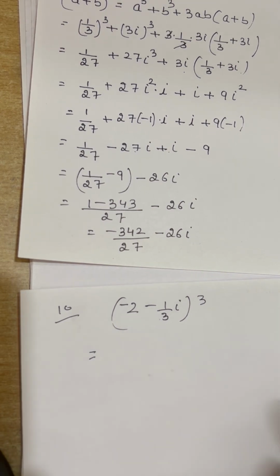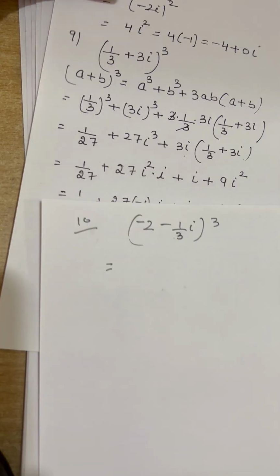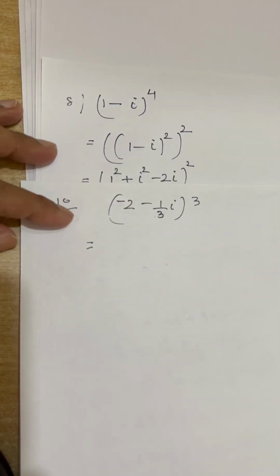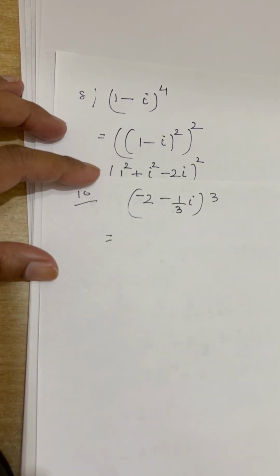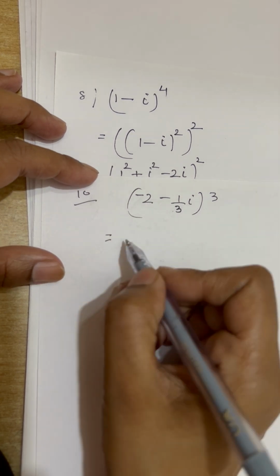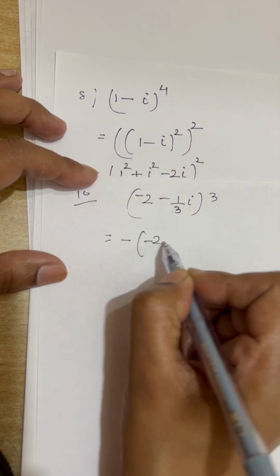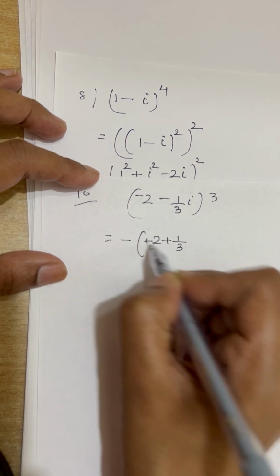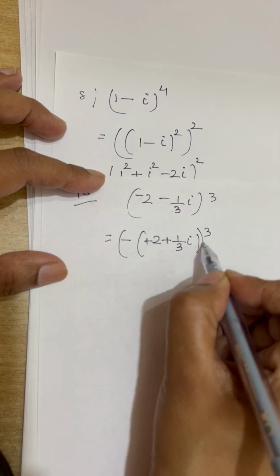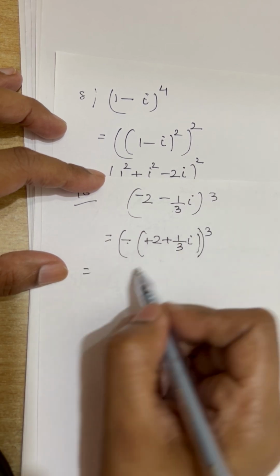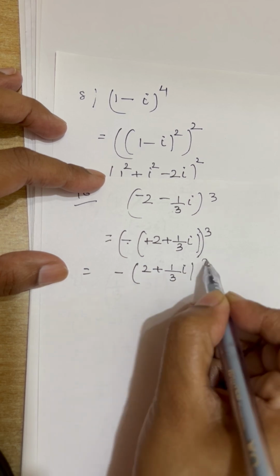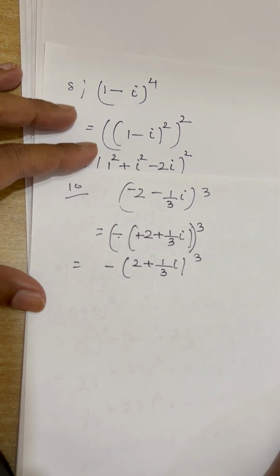So in this question, again we will expand it using cube identity. First we take minus common, it will become plus. Cube of minus is minus, and here we will expand it using cube identity.